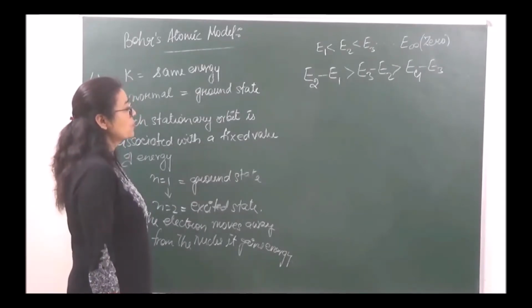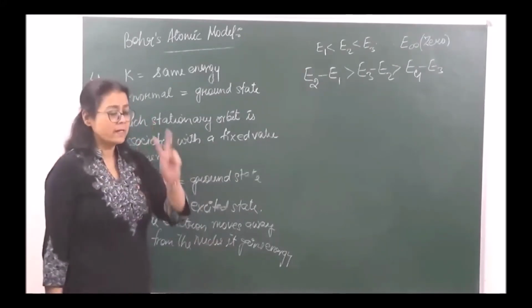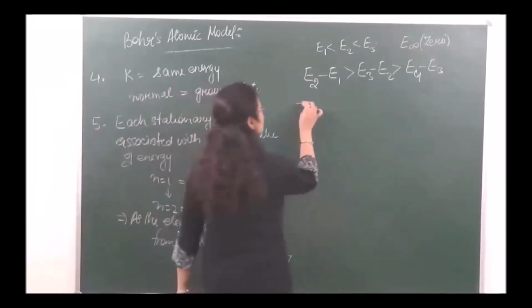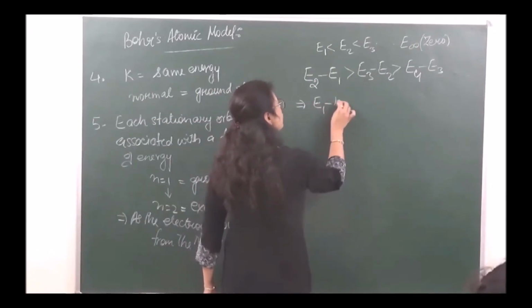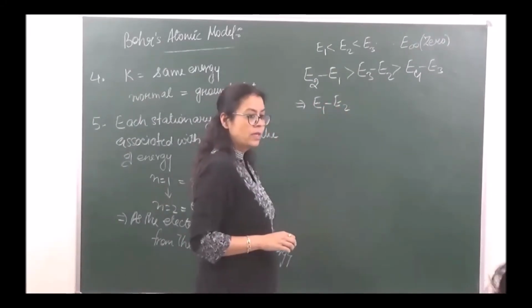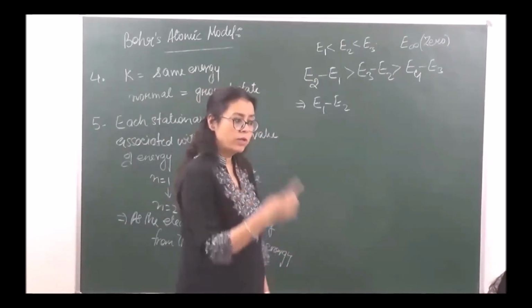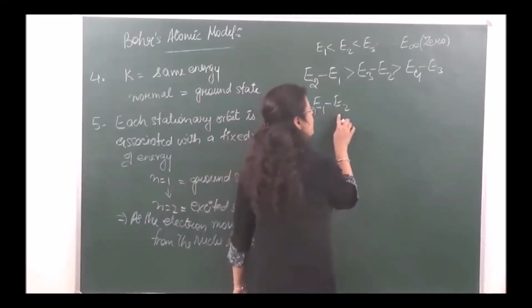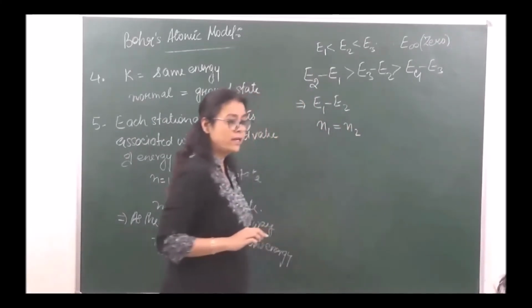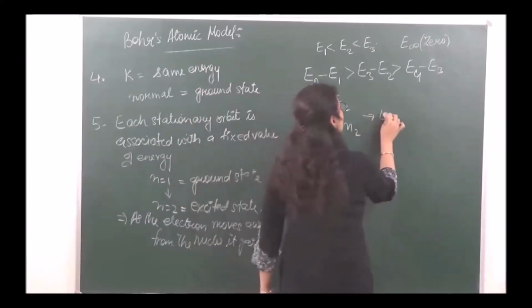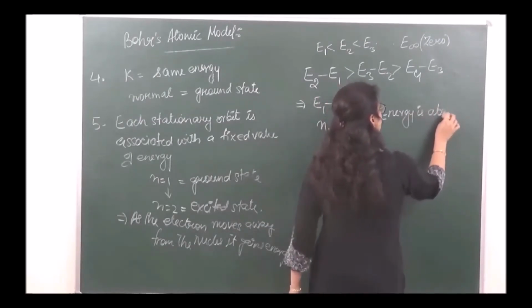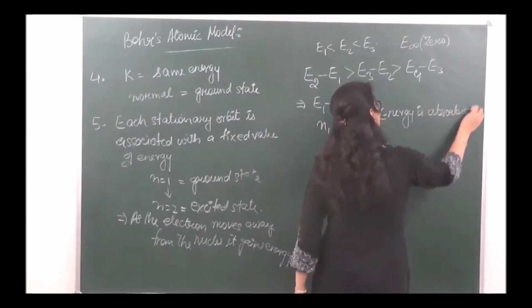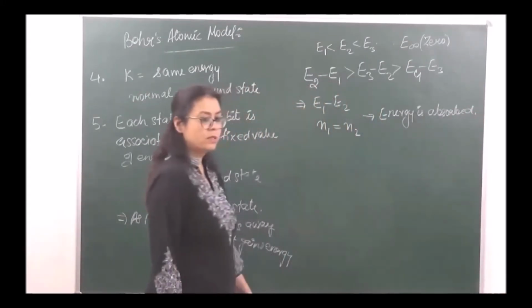Now when we are talking of this, we are looking at two aspects. The first one is what? The electron that is going from E1 to E2, in that case, when we are saying that the electron is going from n1 to n2, the energy will be absorbed, right?